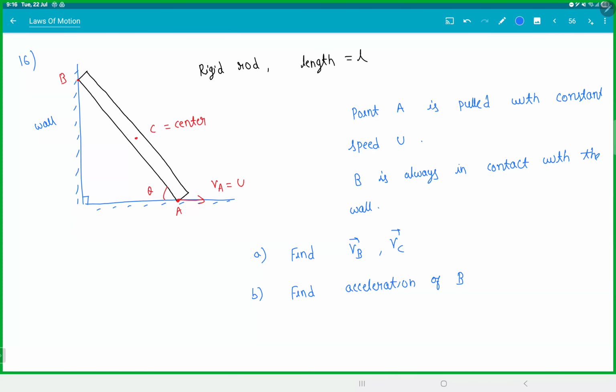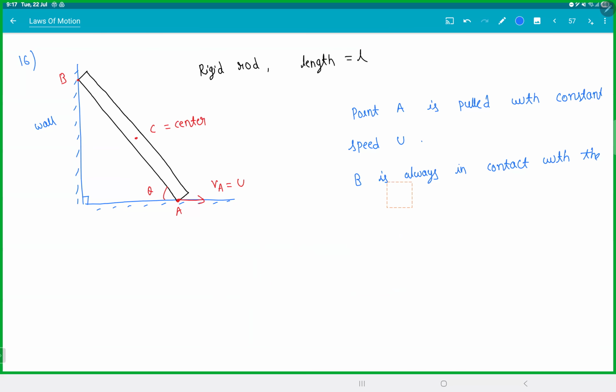I'm more interested in VC and the acceleration of B. Let's get those two. I think VB, most of you got it. So let me help you with VB.